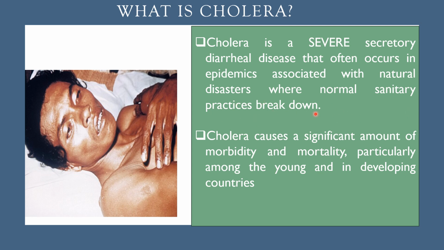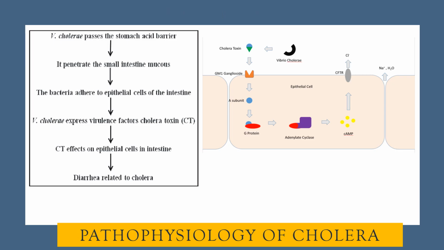So there will be contamination of water and a huge population at a time will get affected by this severe form of secretory diarrhea, and it causes a significant amount of morbidity and mortality, particularly among the young and in developing countries.